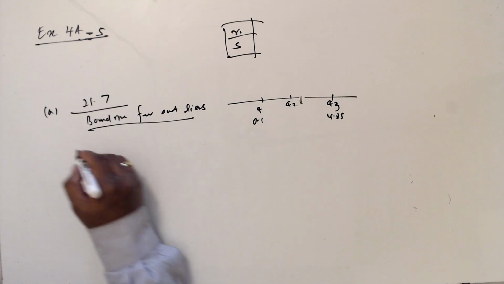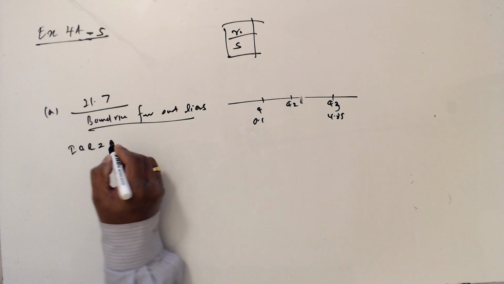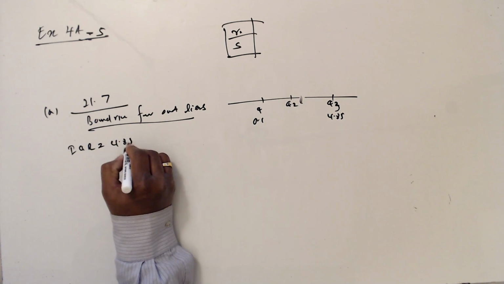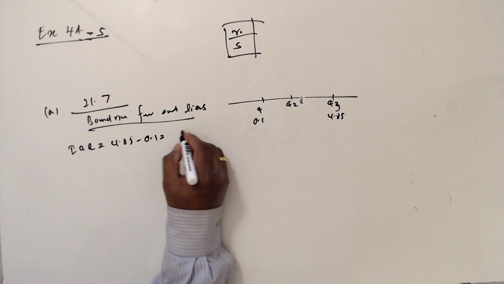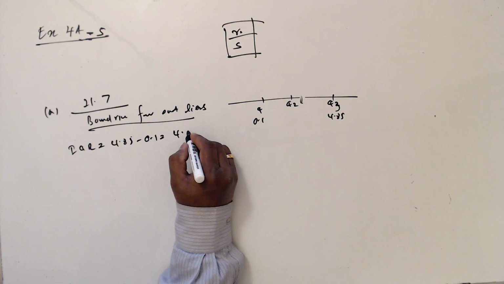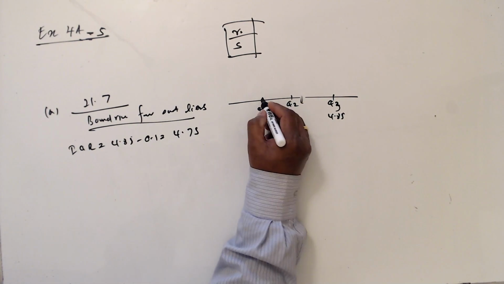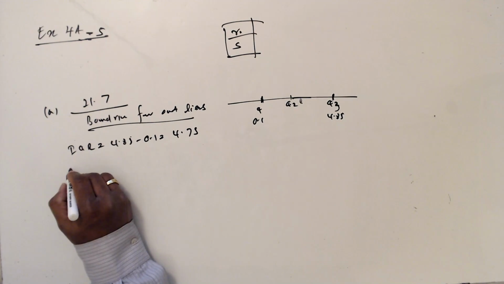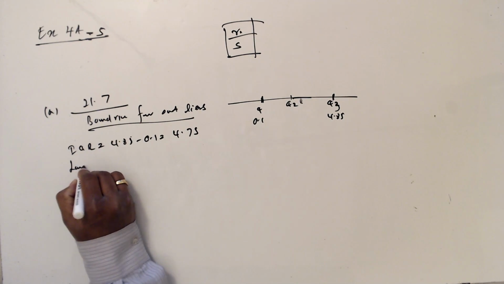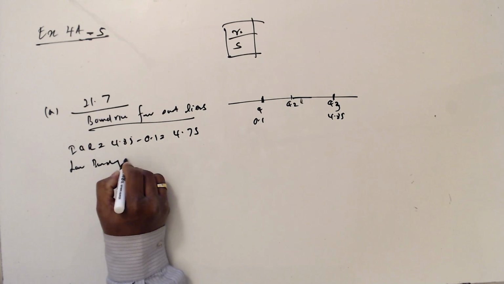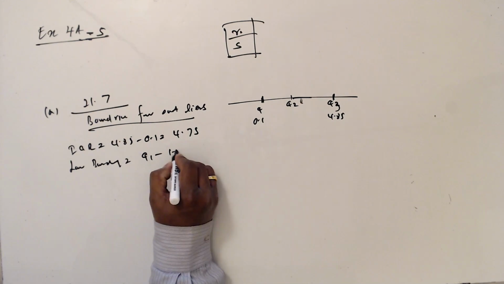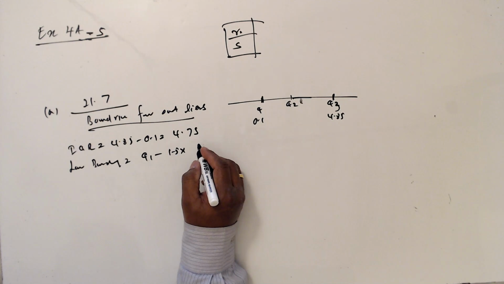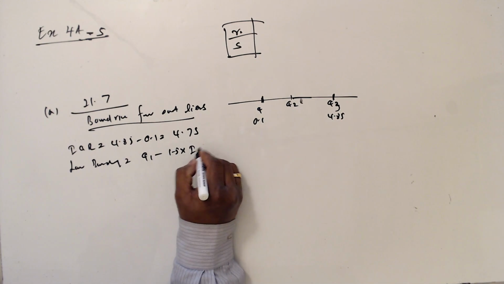Then IQR is 4.85 minus 0.1, that is going to be 4.75. And now the lower boundary is Q1 minus 1.5 times IQR.